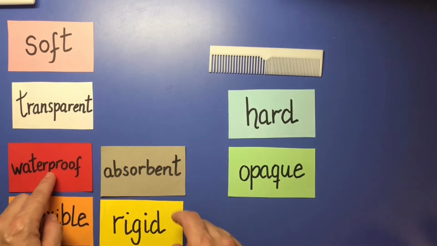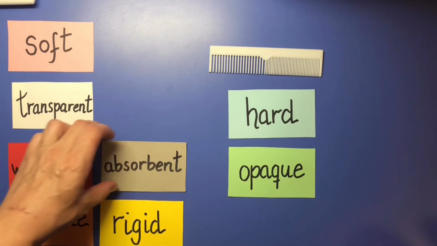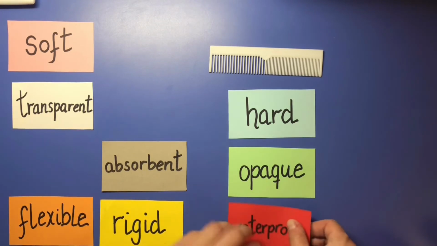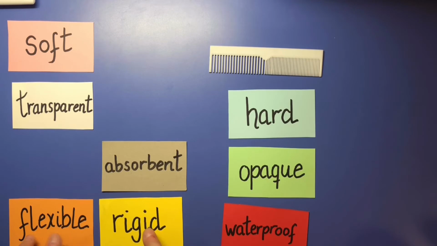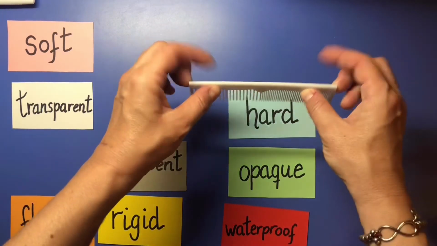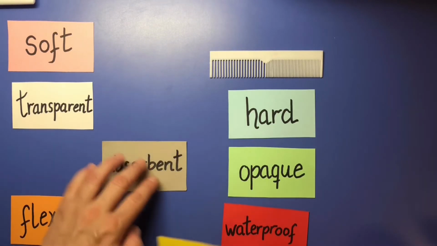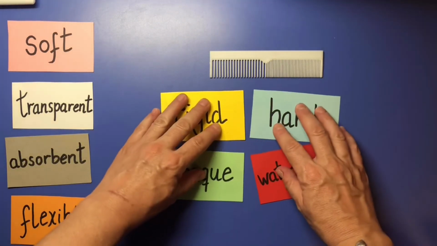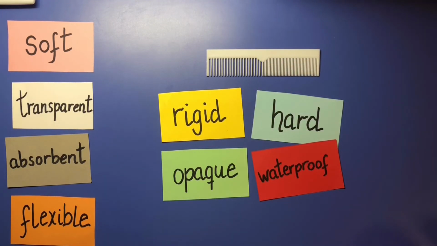And is it waterproof or absorbent? It's waterproof. Very good. Finally, is it flexible or rigid? It's rigid. So these are the 4 words that define this material.